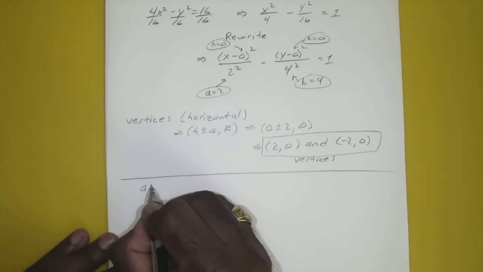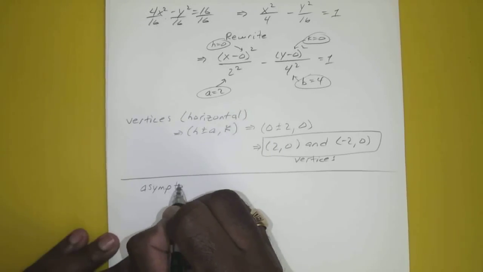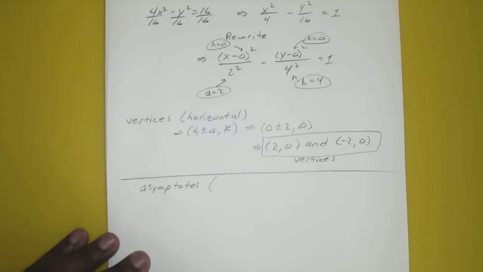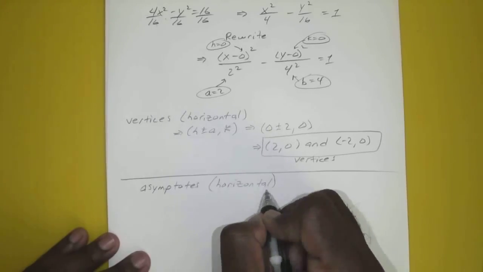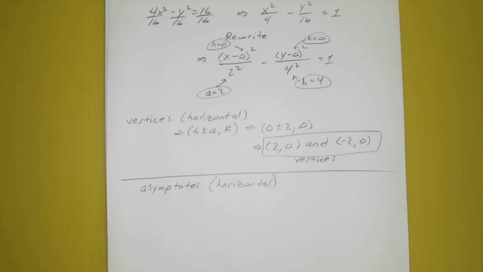Okay. Now for your asymptotes, and again, this is horizontal. Here we go.